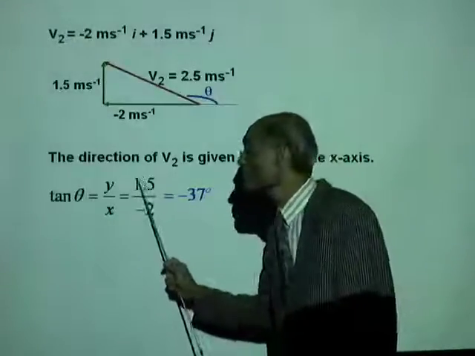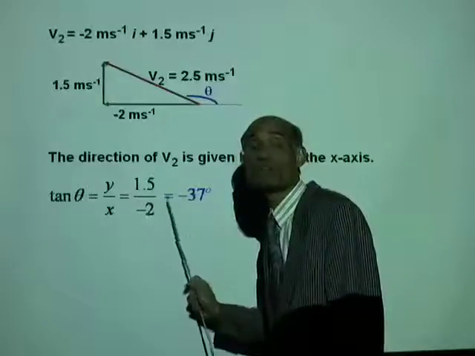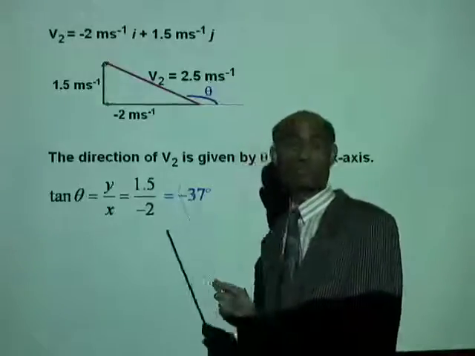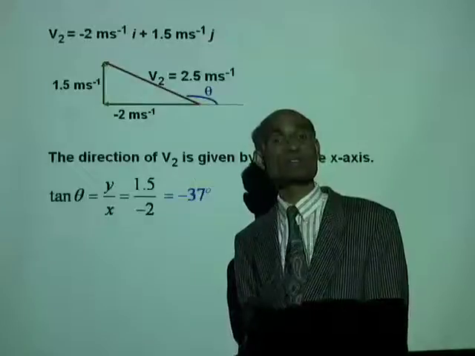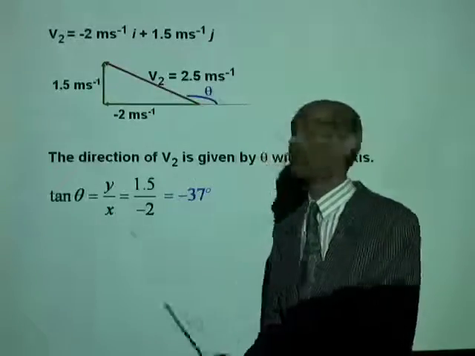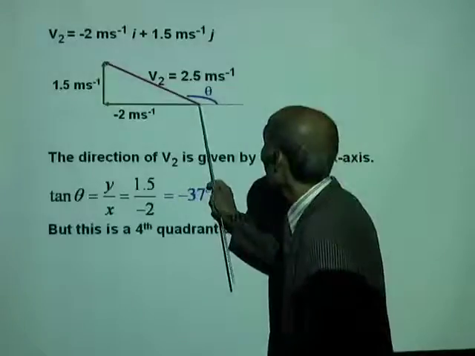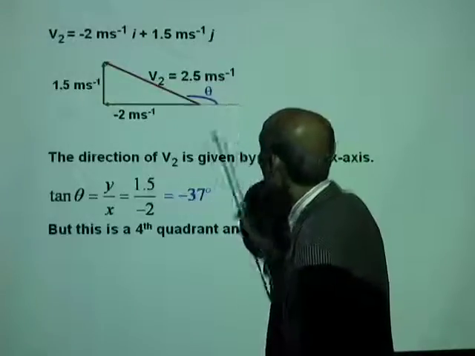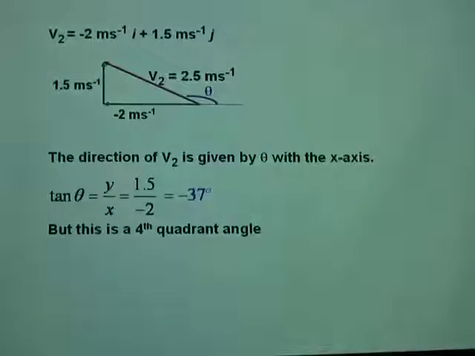Tan inverse of 1.5 over -2, the calculator gives you -37 degrees. Is that wrong? Well, actually no. It is this angle that the calculator gave you. You see, let me draw that for you. The calculator gave you this angle.